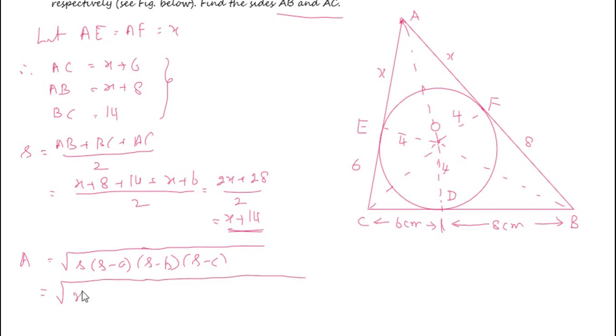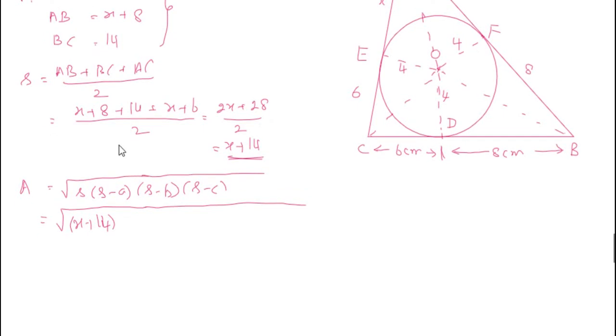S is x plus 14, into x plus 14 minus A. A is this one, AB is x plus 8, so it is minus x minus 8. S minus B, BC is 14, so it is x plus 14 minus 14. Then the last one is S minus C, x plus 14 minus AC.